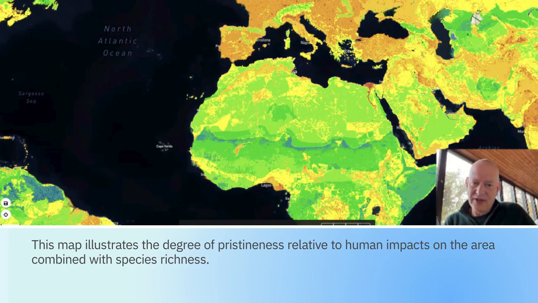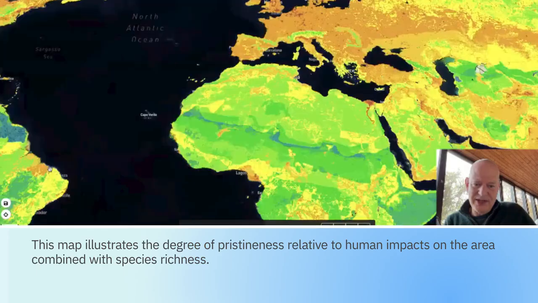So these areas that you would see in brown are mainly urban areas, highly artificial, and areas that are dark green are highly pristine.